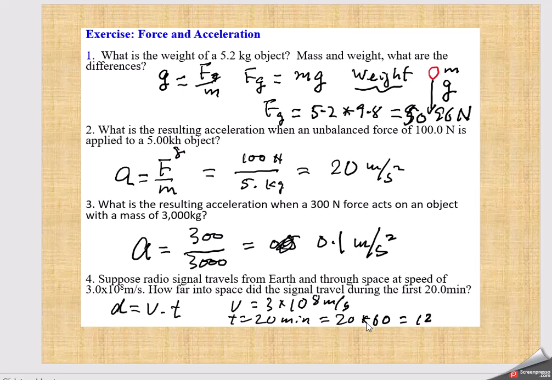So it's 1200 seconds. So what is the distance? Well, I leave the math to you. You have distance equals velocity times t. So you multiply the 1200 seconds by 3 times 10 to the 8 meters per second, and then you will get the answer.